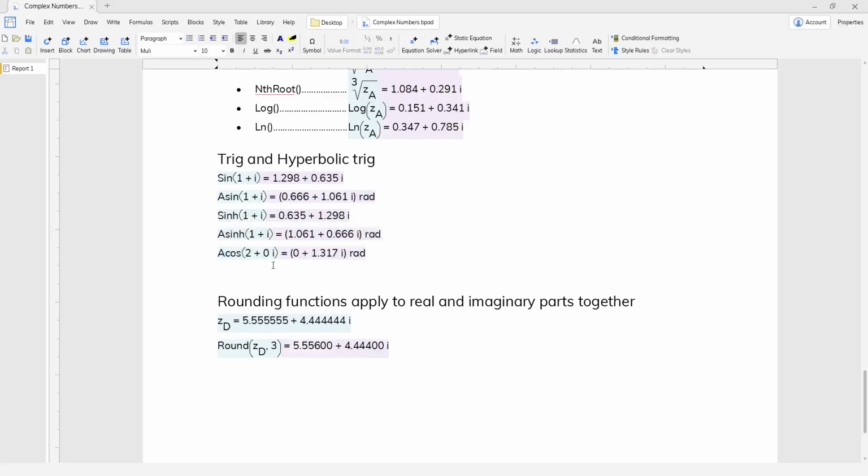And so when I do that, then I get an actual answer for arc cosine that is a complex number. So just something to be mindful of with those inverse trig functions. Sometimes you'll want to make sure that input is a complex number if you want a complex number result.